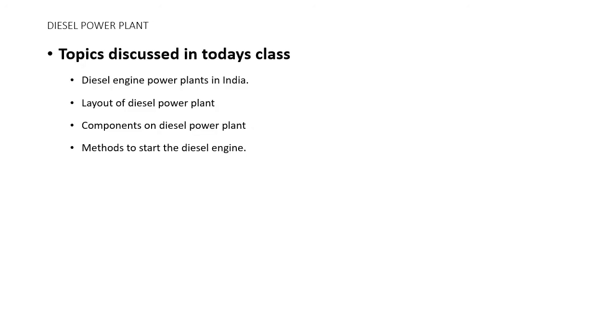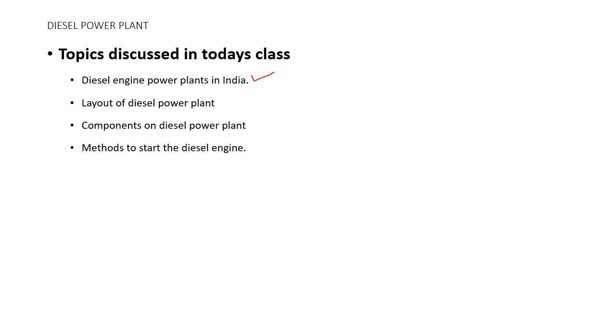In today's class we discussed the following topics. We discussed diesel engine power plants in India, their location, and how much of the power is generated using the diesel engine.